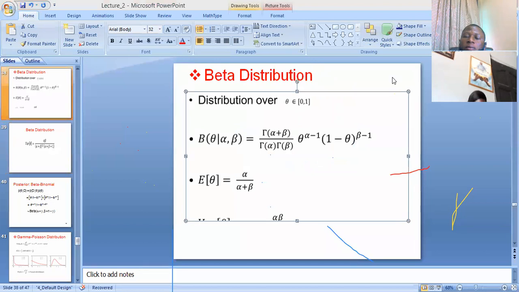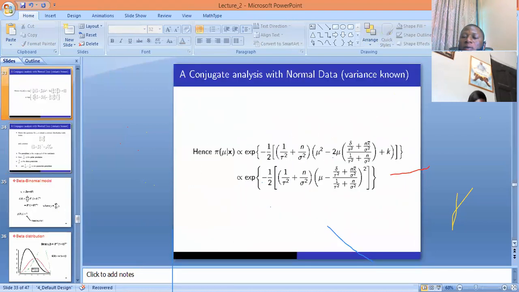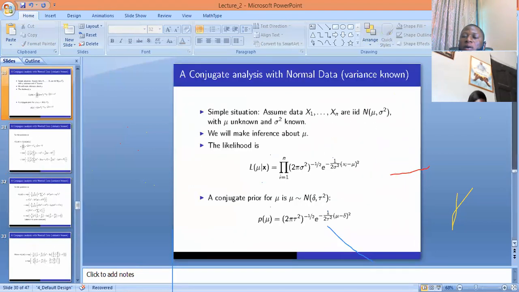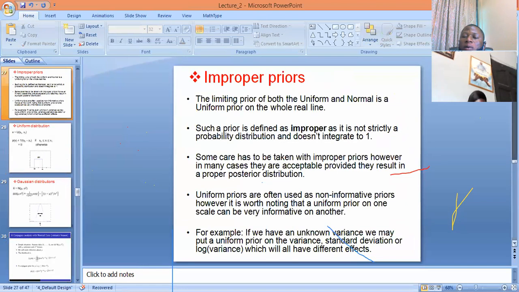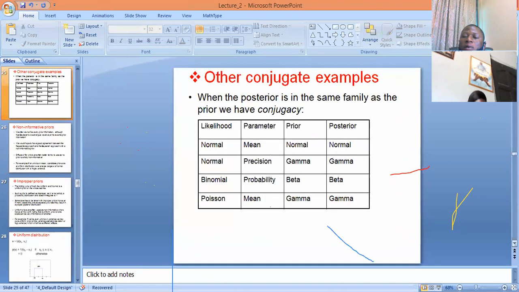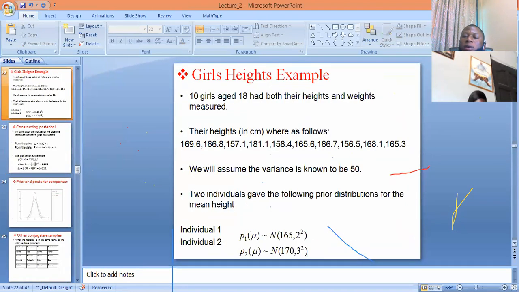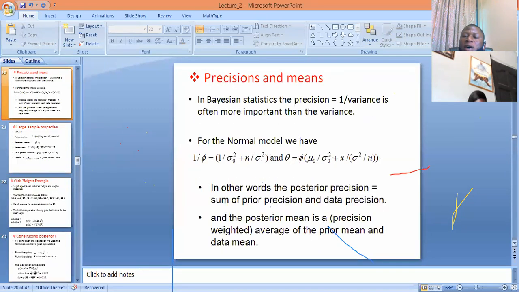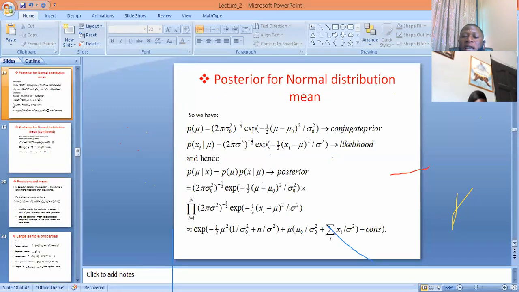But even the first slides, concerning the posterior of the normal distribution, didn't show on the slides here. You mean the mean slide here? You don't have this one in your slides. The posterior for the normal distribution.